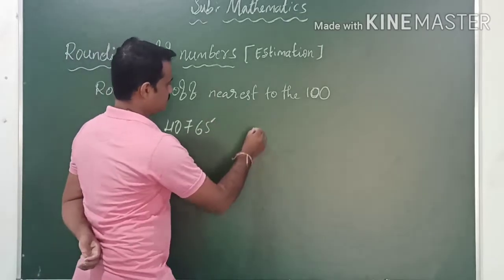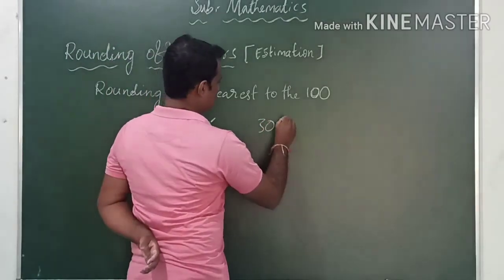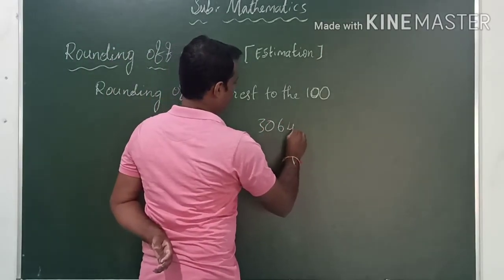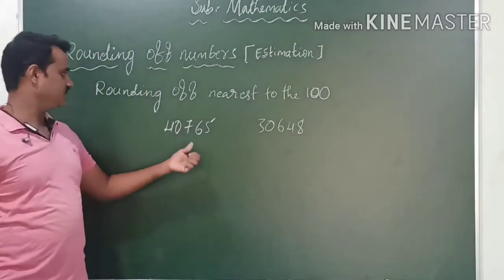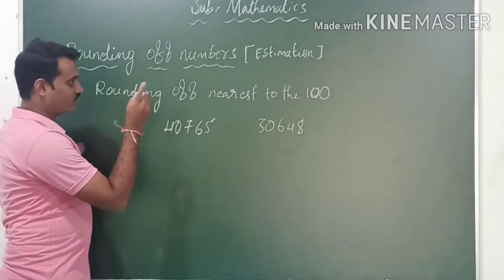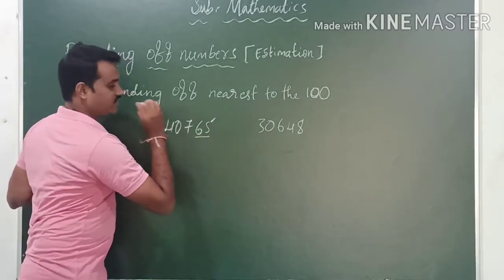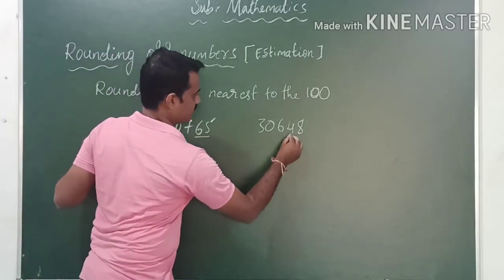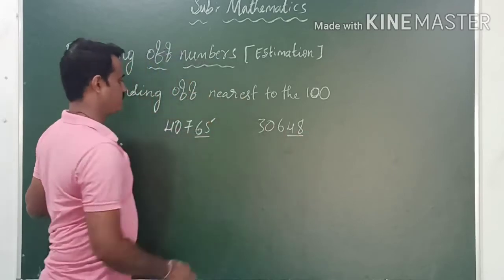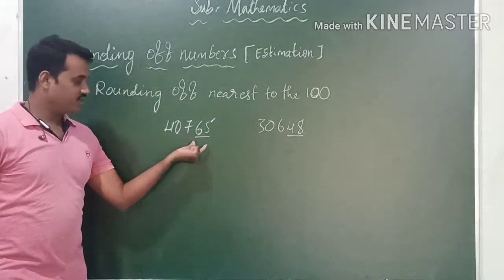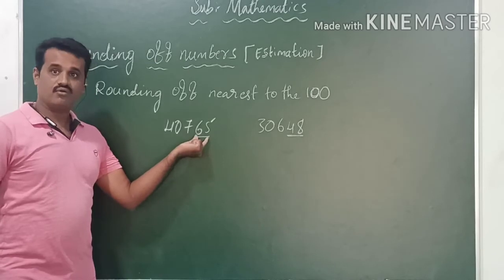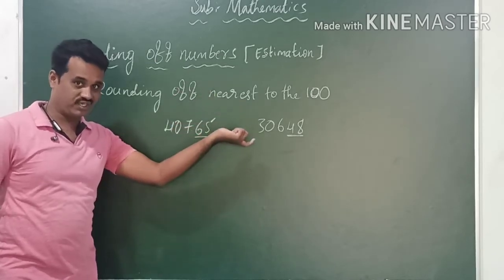40,765, 30,648. See here, when you round off to the nearest 100, concentrate on only the tens and ones place. Here also the tens and ones place. Here it is 50 or more than 50, isn't it?